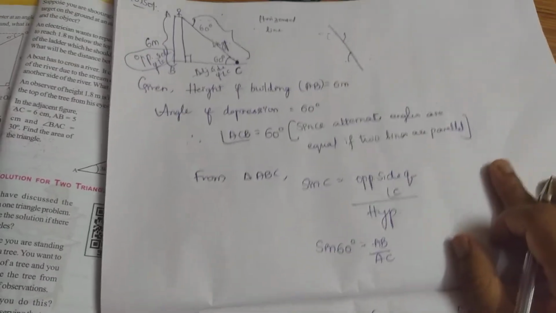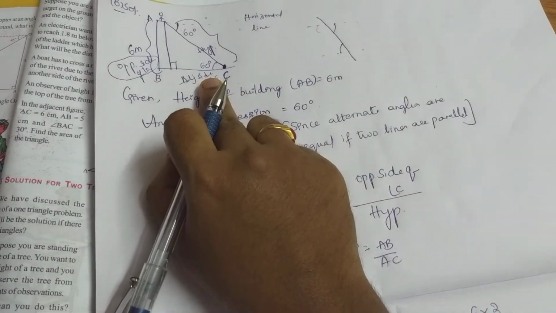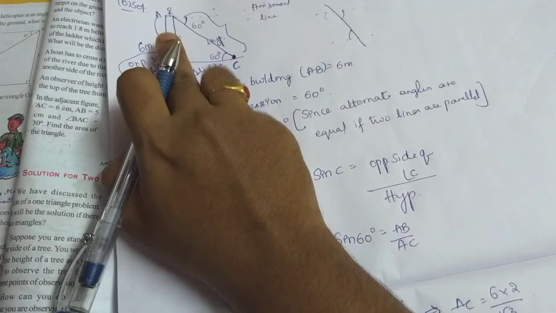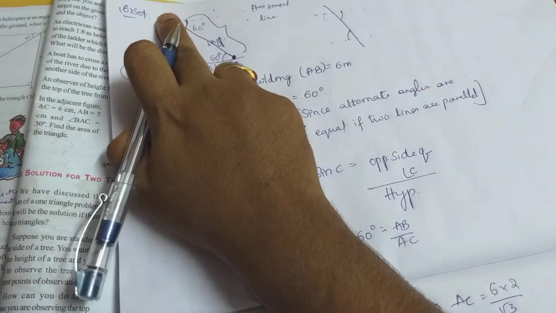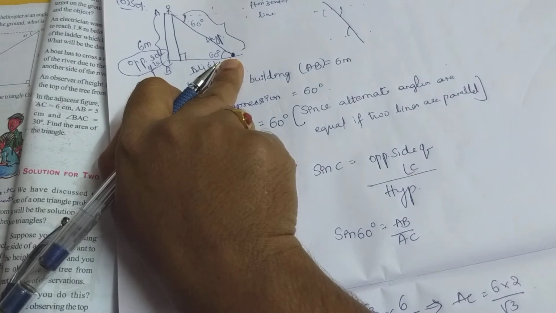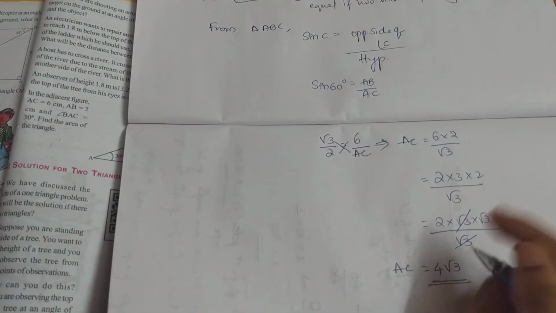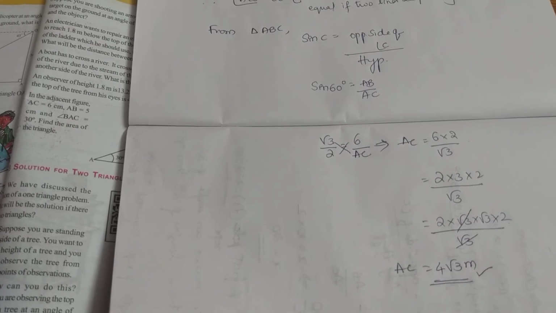So let's see the figure. What is AC? The distance between the person shooting and the target on the ground is what? It's AC. We got the value as 4 root 3 and the units we have to mention as meters, 4 root 3 meters.